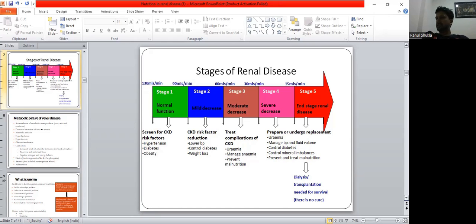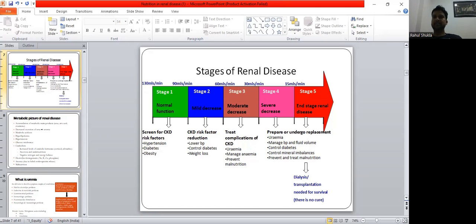Then, as the stage further progresses, like in stage 3, we need to manage complications like uremic complications, management of anemia, prevention of malnutrition. And when the stage increases further, like stage 4 and 5, we need to explain to the patient the need for renal replacement therapy and management of fluid and blood pressure and the underlying cause like diabetes management.